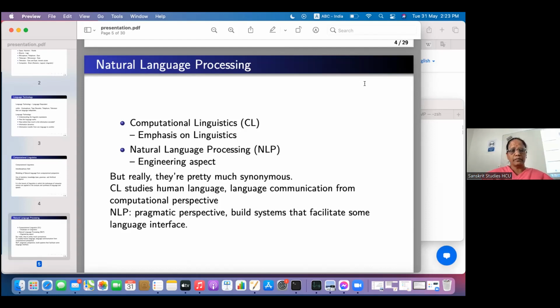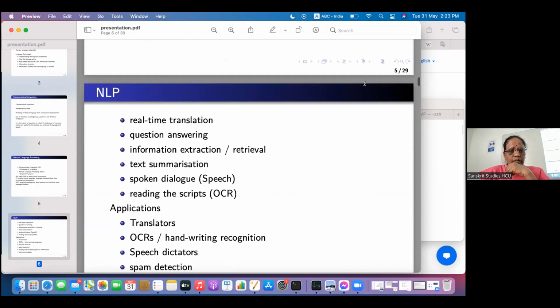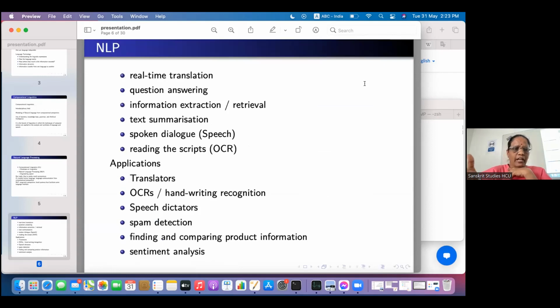In the beginning, maybe in the 1960s and 70s, there was a kind of difference between the work computational linguists were doing and the work NLP people were doing. But now, of course, hardly any difference exists. These words are being used synonymously. Now, when I use NLP, I also mean computational linguistics.